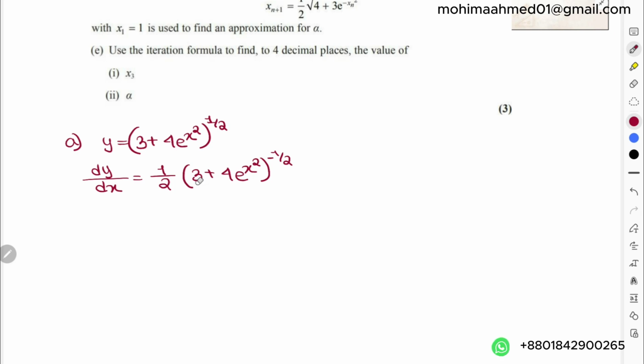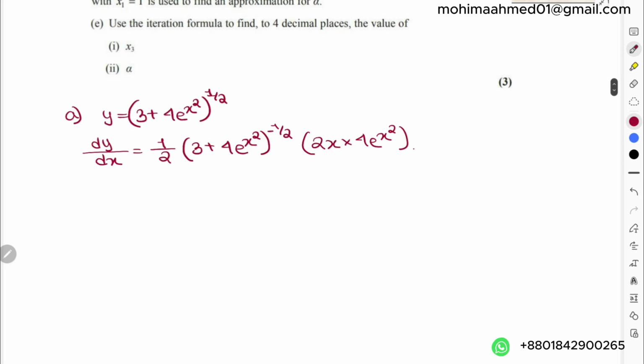And inside the brackets, when you differentiate, 3 becomes 0, and when you differentiate e^(x²) you get 2x multiplied with 4e^(x²). Now if you multiply, the half cancels out, leaving you with 4x e^(x²) (3 + 4e^(x²))^(-1/2). And this is your expression.